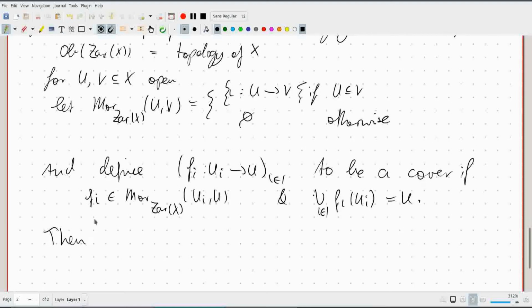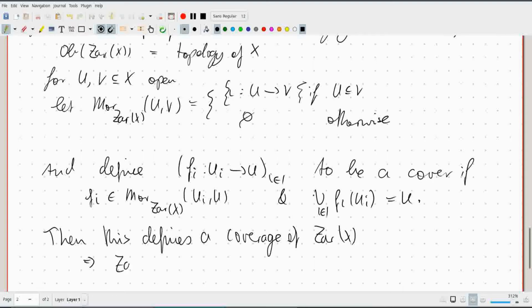Then, well, I guess I already illustrated that it satisfies the composition and the weak pullback property. So this notion of a cover indeed defines a coverage of X. Thus, X is a site called the small Zariski site of X.